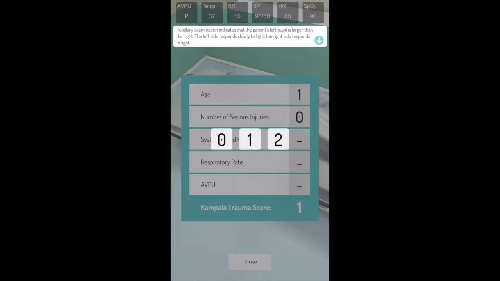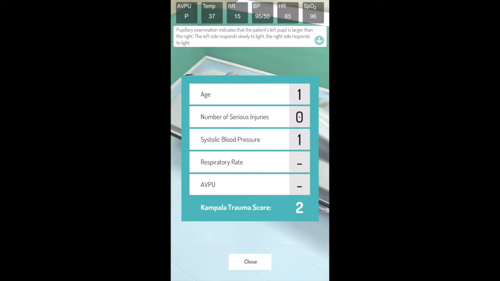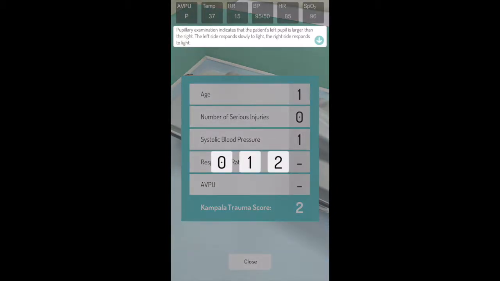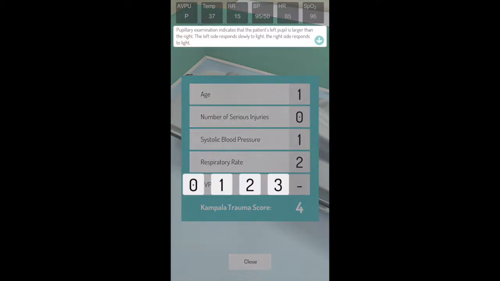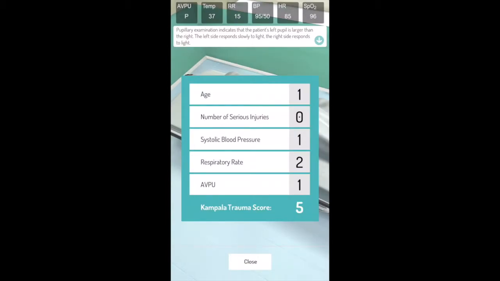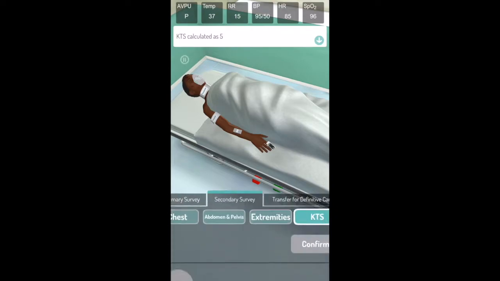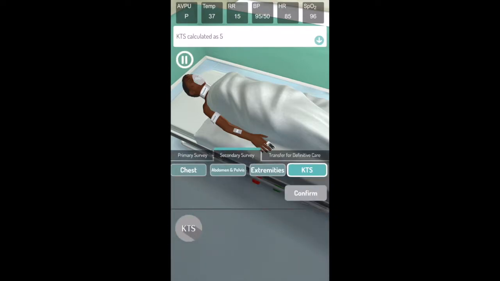Her systolic blood pressure is 70/40, which scores her 1 point of the possible 2. Her respiratory rate is 15, so she gets the full 2 points. She only responds to pain, so she gets 1 point out of a potential 3 points on the AVPU neurological status. So we have a Kampala Trauma Score of 5.